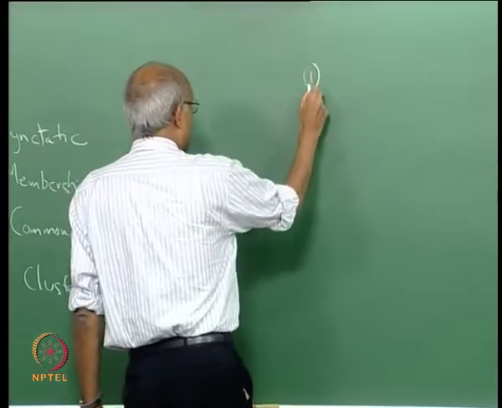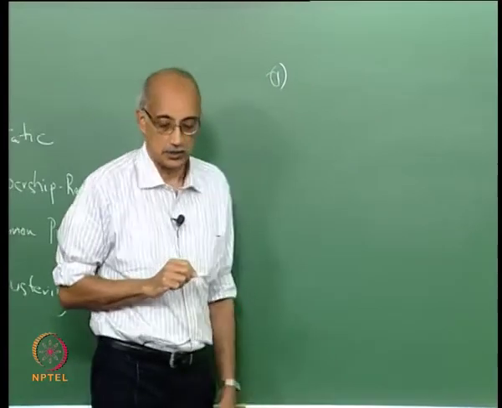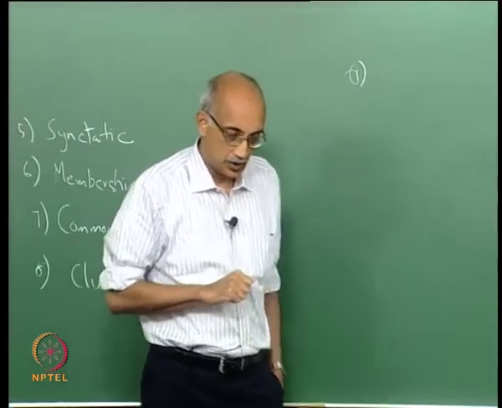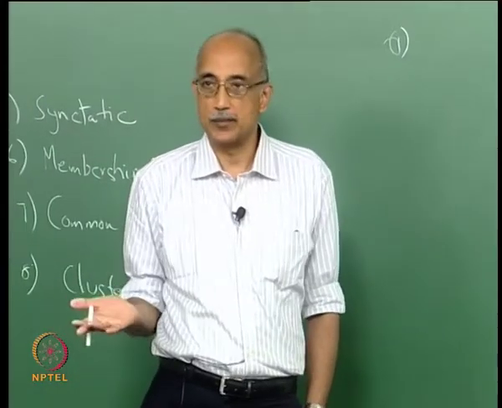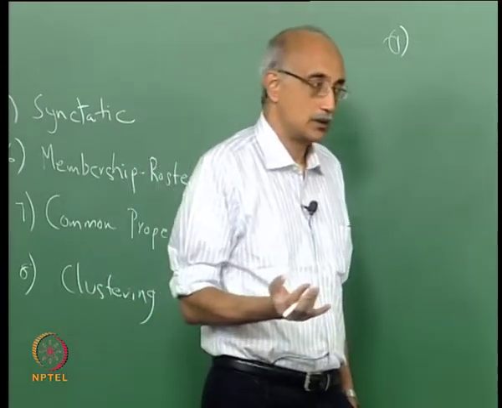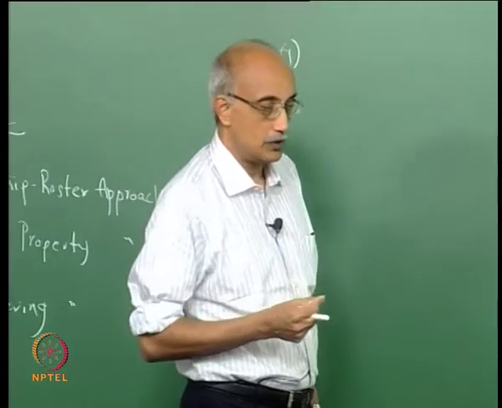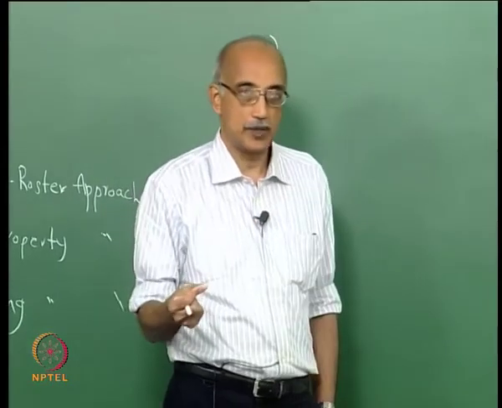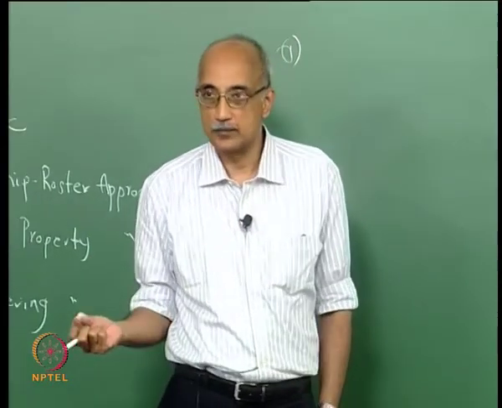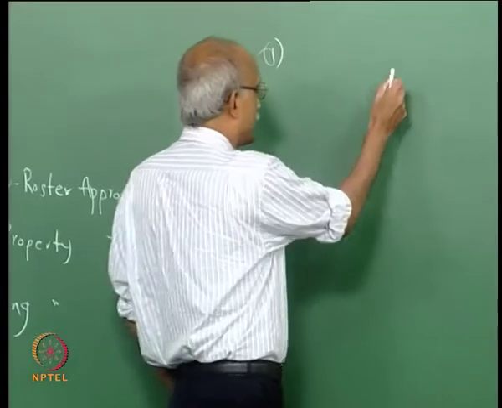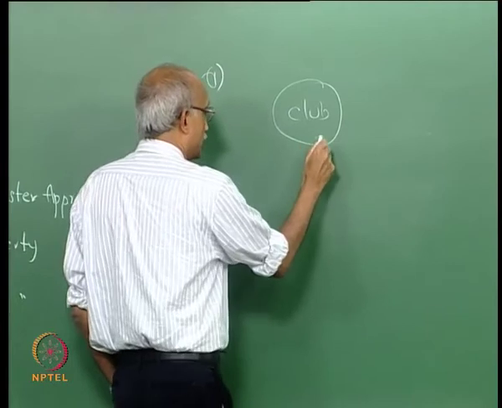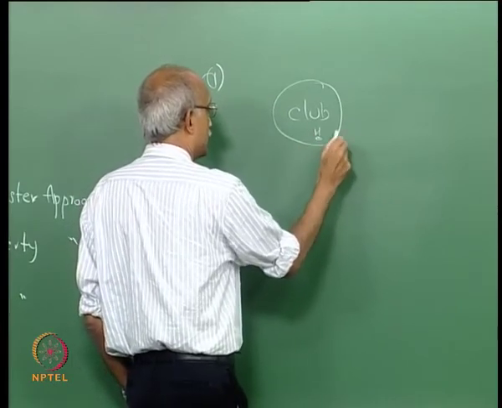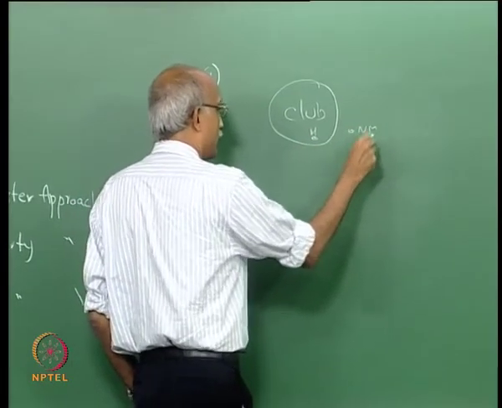So number 6, membership roster. Well, it's based on a very interesting concept. When you look at clubs, let's say you become a member. Now, in a traditional way, you would say that you can either be a member or a non-member, right? So you have a club and if you belong to the club you are a member, if you don't you are a non-member.